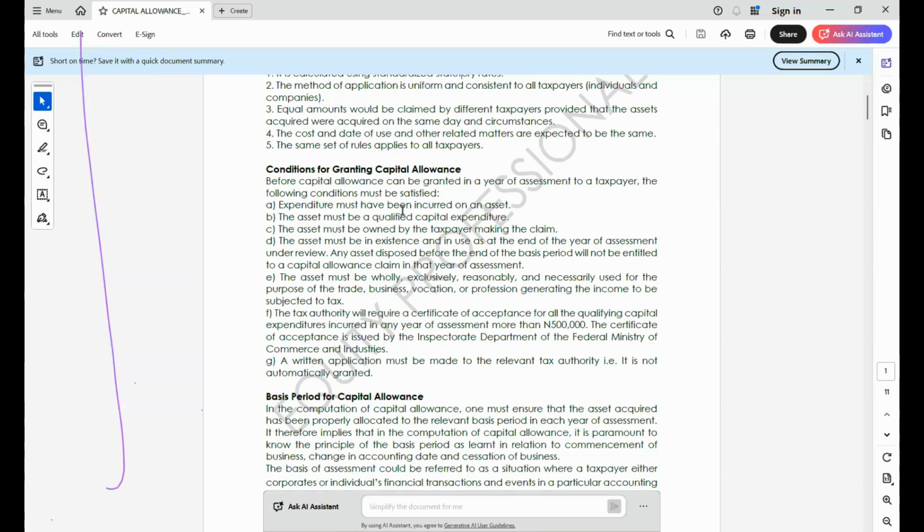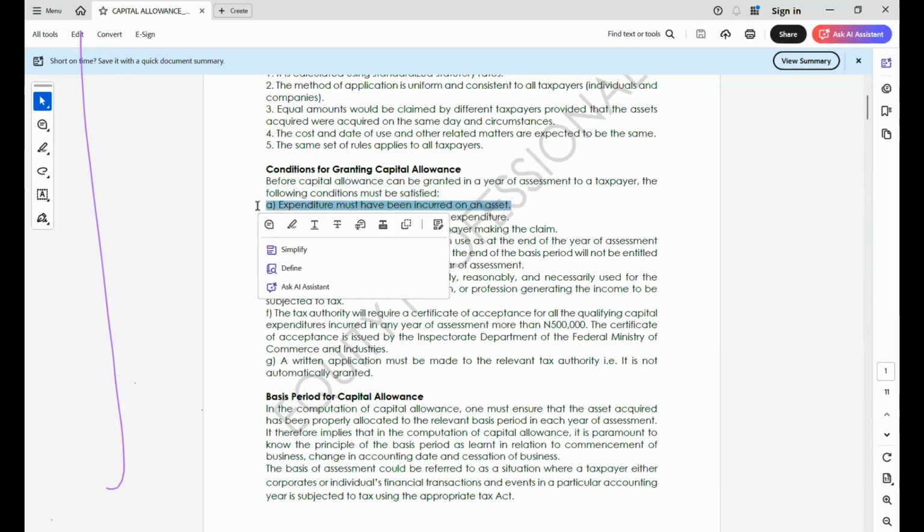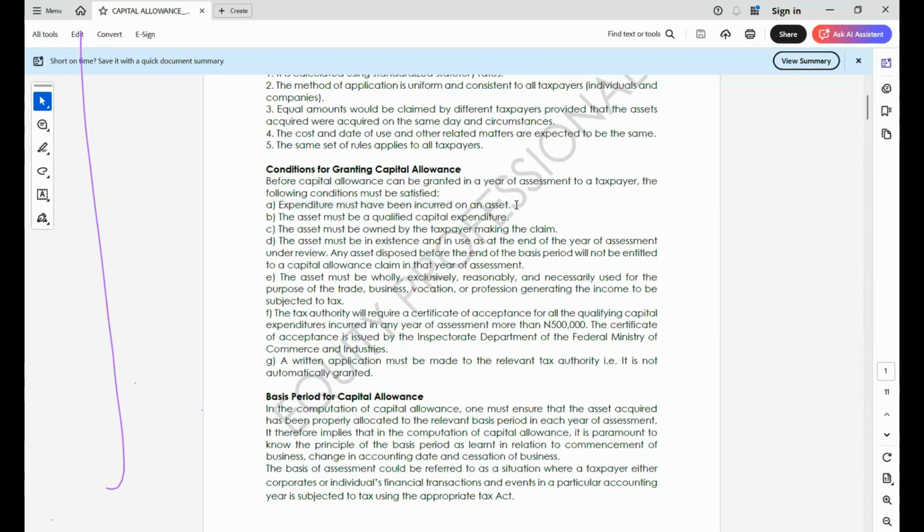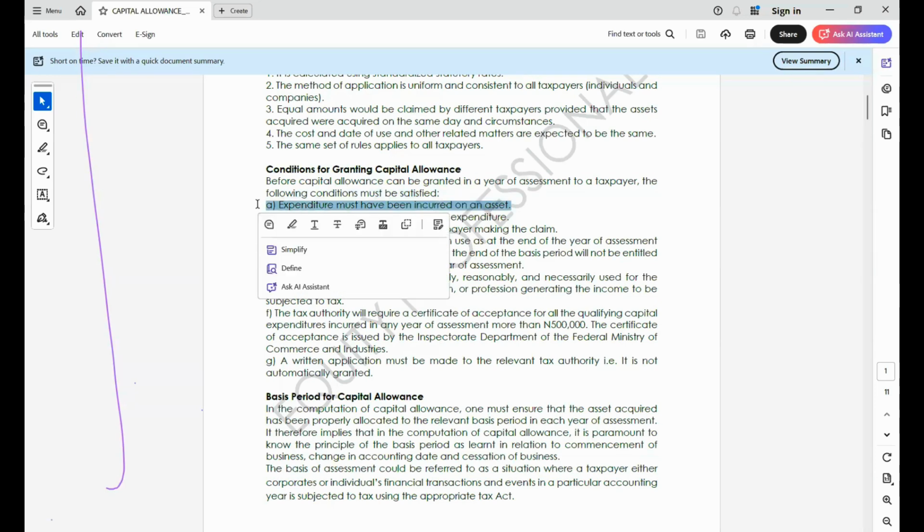Number one, expenditure must have been incurred on an asset. What that means is that as a taxpayer, before you can claim capital allowance, you must have spent money, spent resources to acquire that asset.